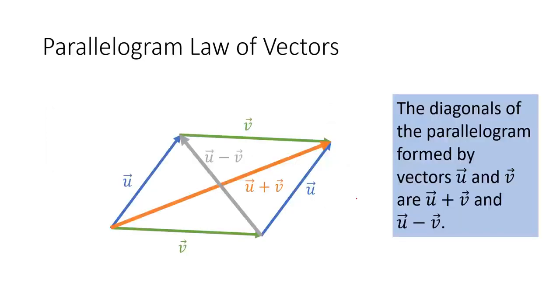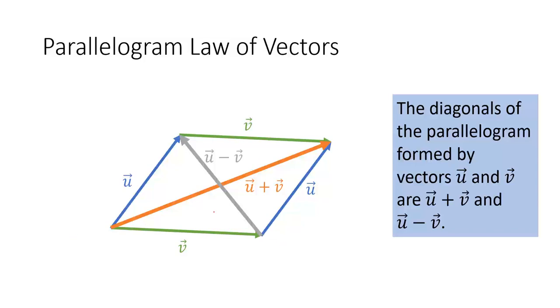However, the graphical illustration is actually more important for us. This graph tells us if we have two vectors u and v, then u plus v actually is this diagonal made by the parallelogram of the vector u and v.